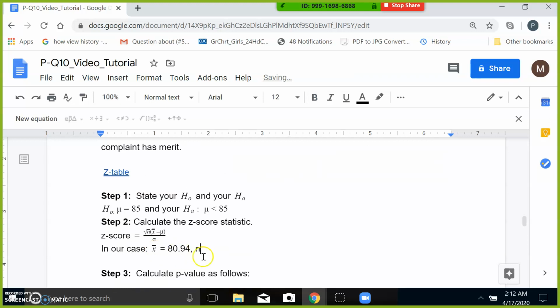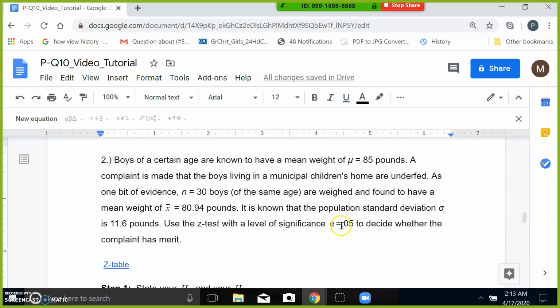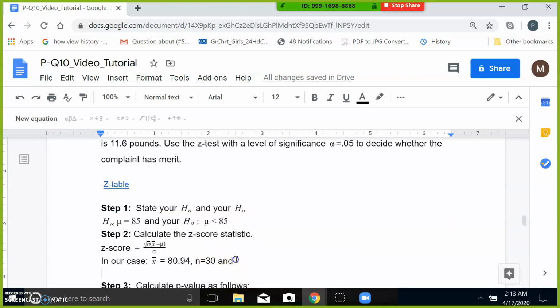N is 30. That's our sample size. And the standard deviation, sorry, the sigma standard deviation is 11.16. So that's our sigma.